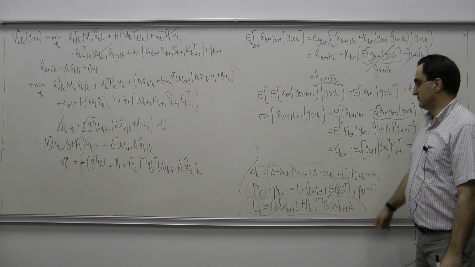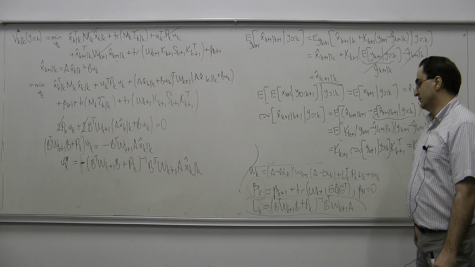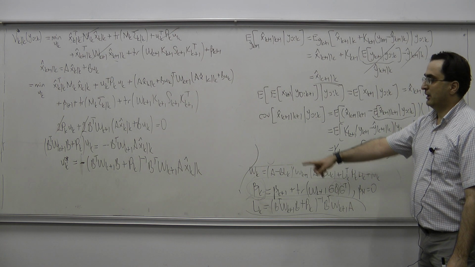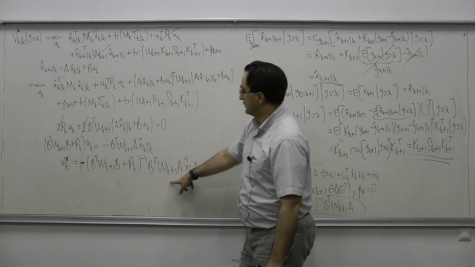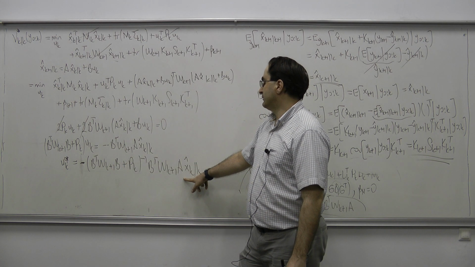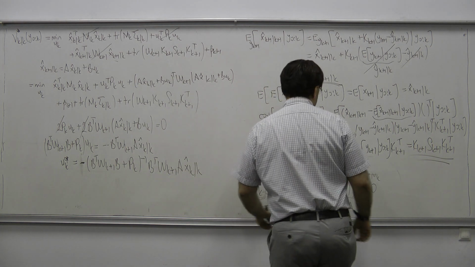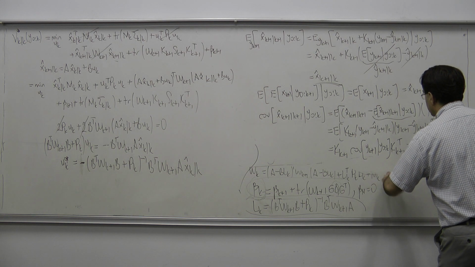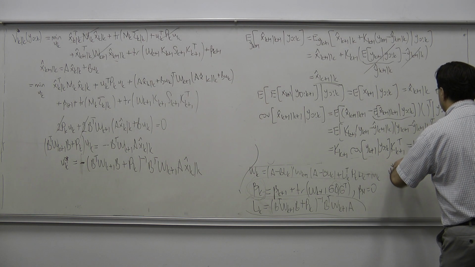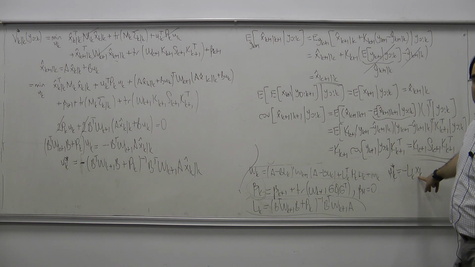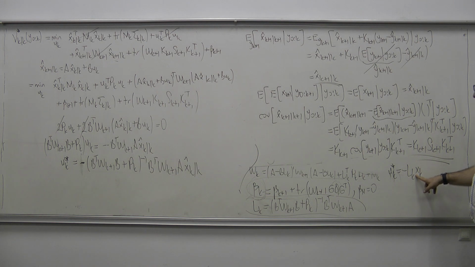This remained here. Look at Lk in the complete information case. Lk there is just this constant matrix here. And in the deterministic, complete information case, I had uk star is equal to minus Lk xk. I was multiplying xk with the gain Lk.